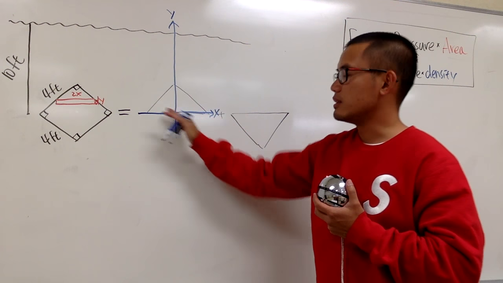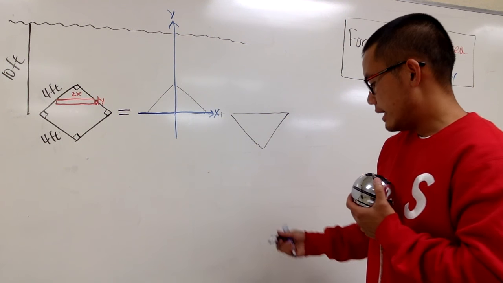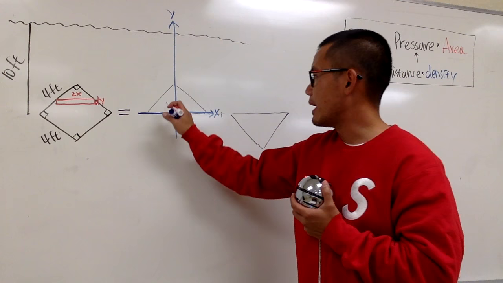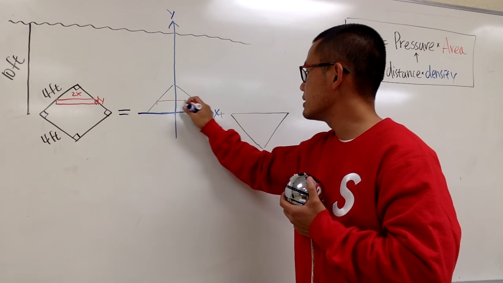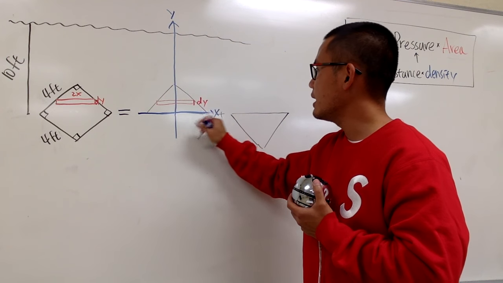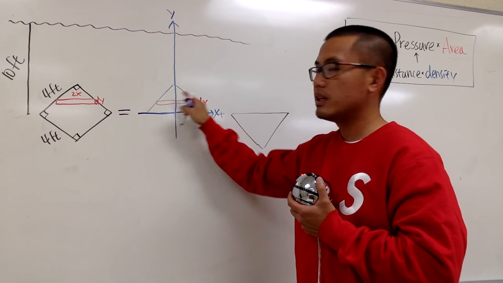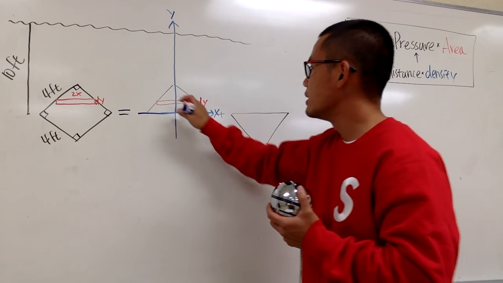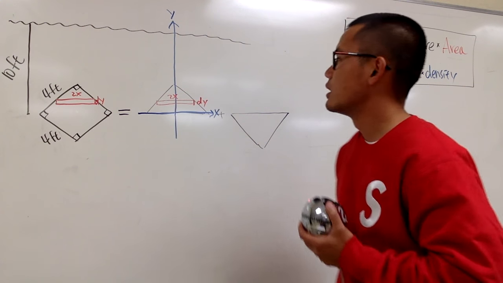I just want to consider this part here. Now I will put down my horizontal slice, that red rectangle, and this is dy, and you see from here to here is x, but altogether it will be 2x, right? So I'll put down 2x right here.